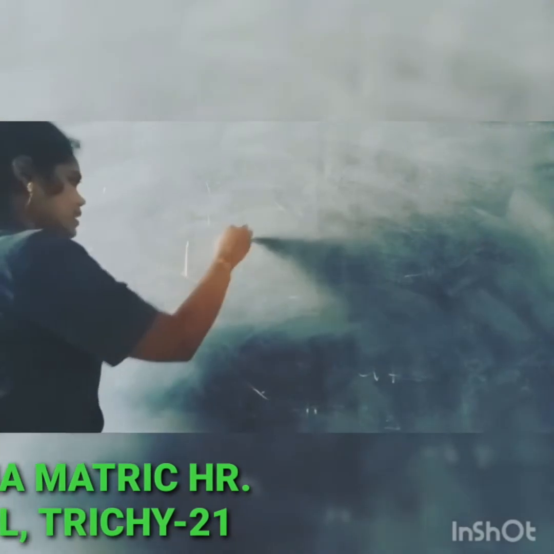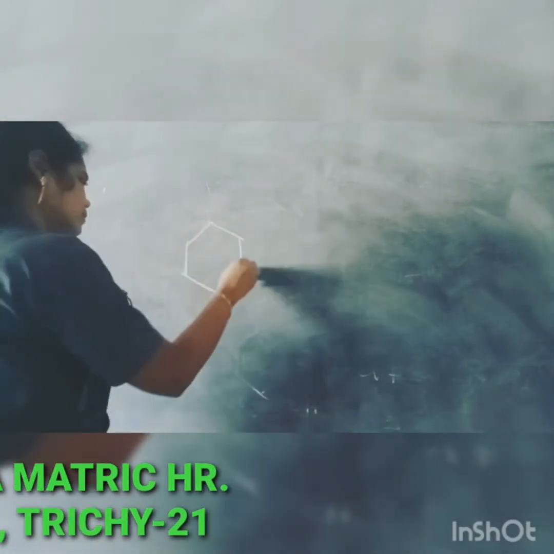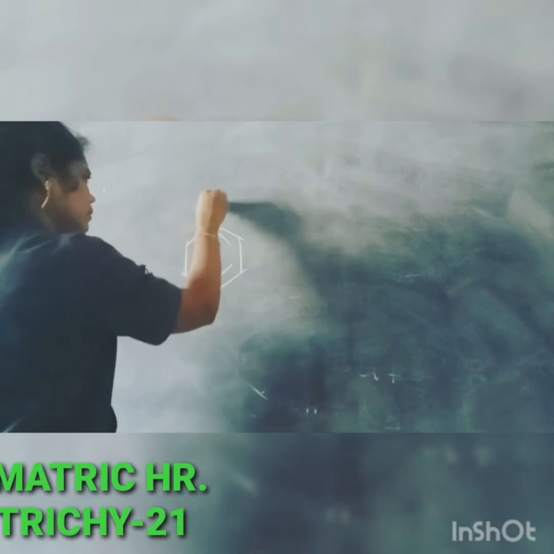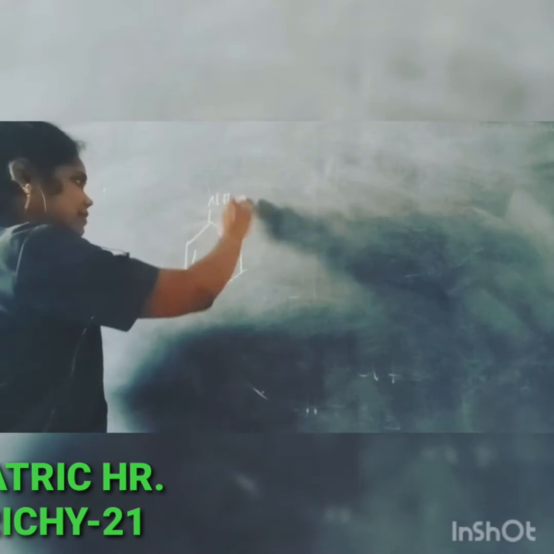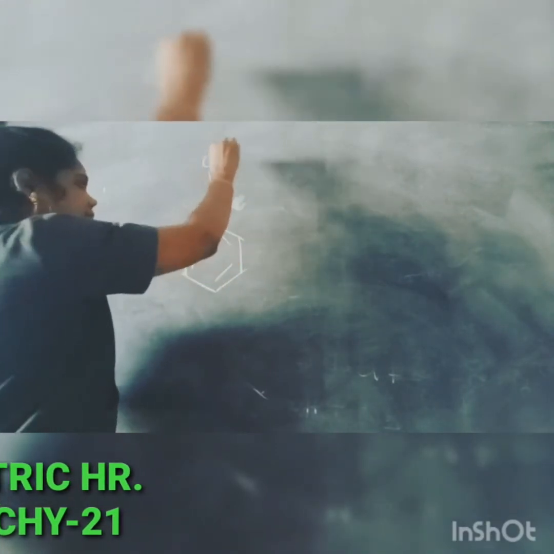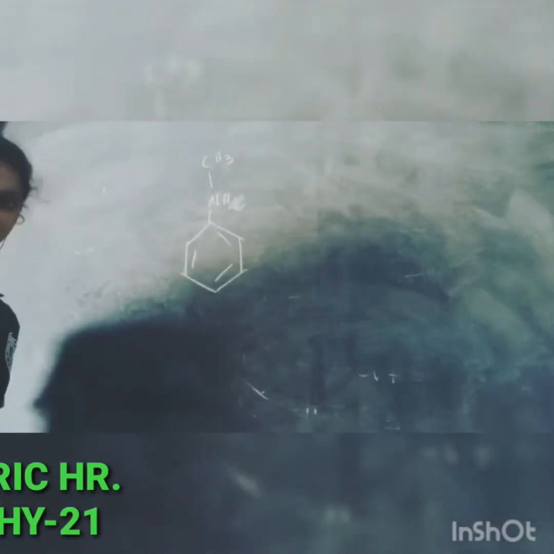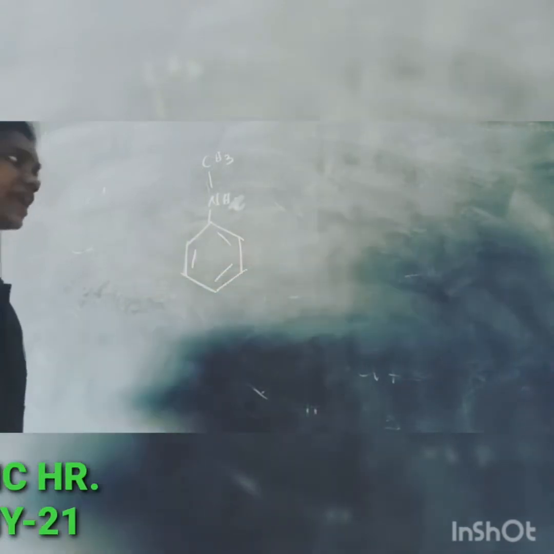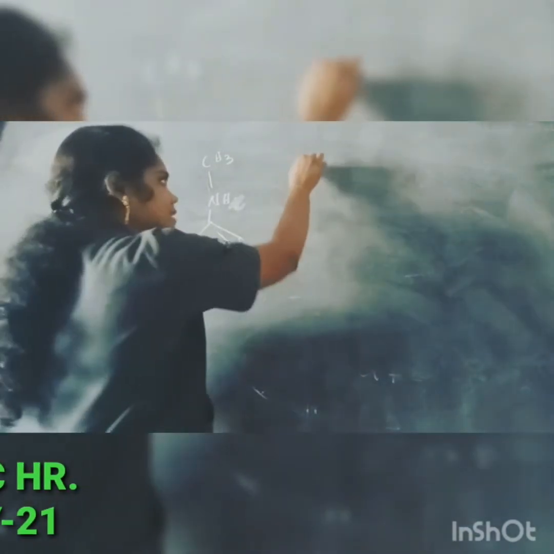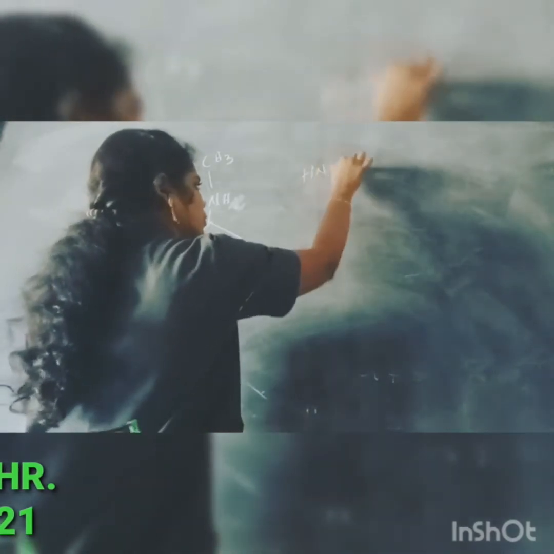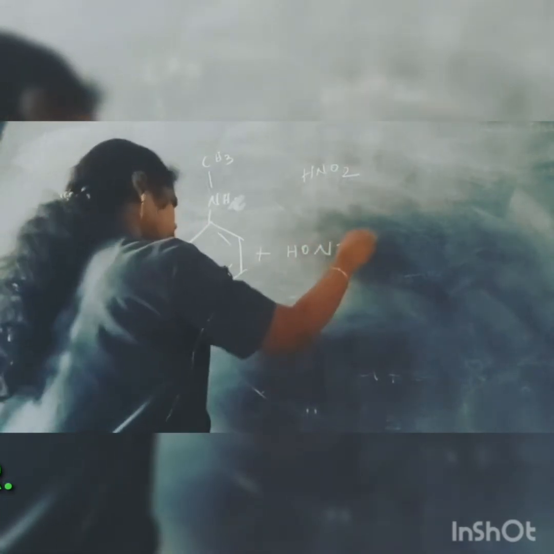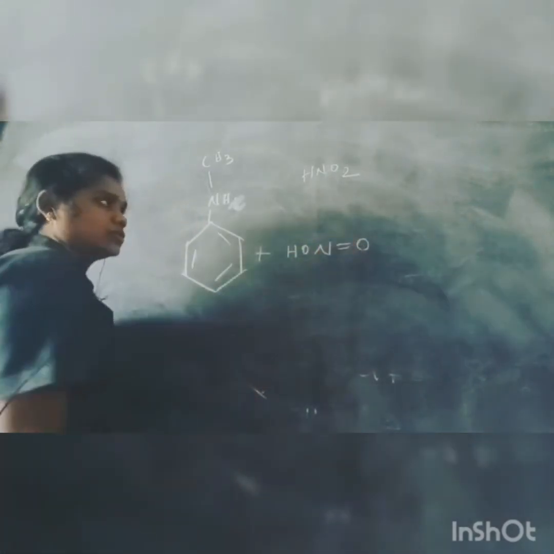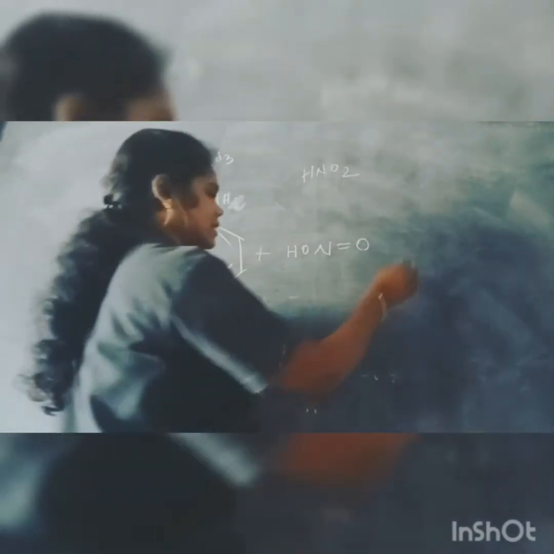First we write aniline, and N-methyl aniline means removing one hydrogen and adding CH3. That is reacted with nitrous acid, HNO2, written as HO-N=O. Both are the same, HNO2, nitrous acid, in the presence of sodium nitrite and conc. HCl.